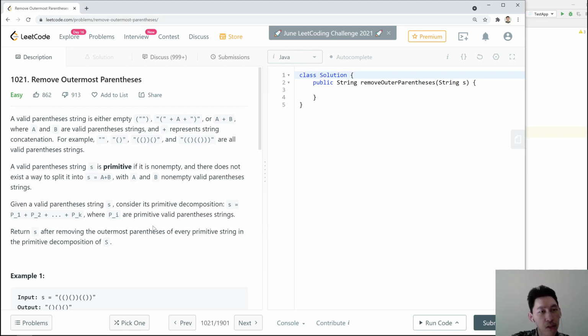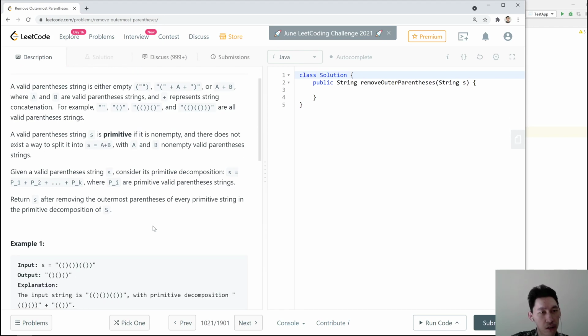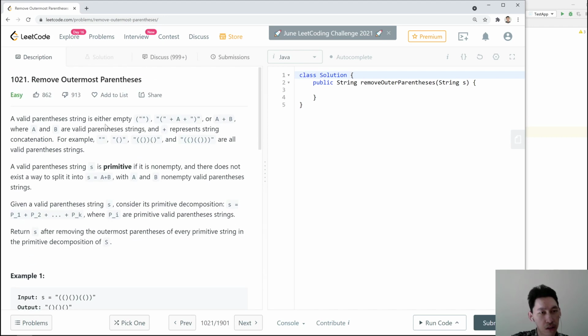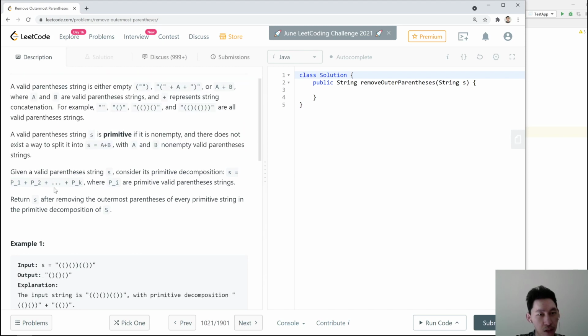A valid parentheses string. Okay, the whole brief is kind of overwhelming.